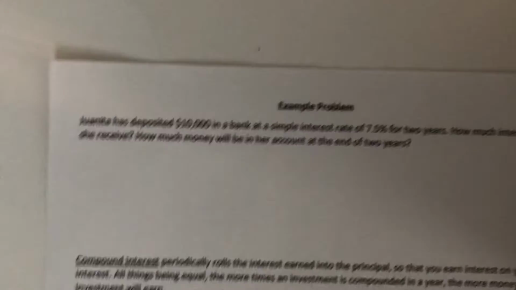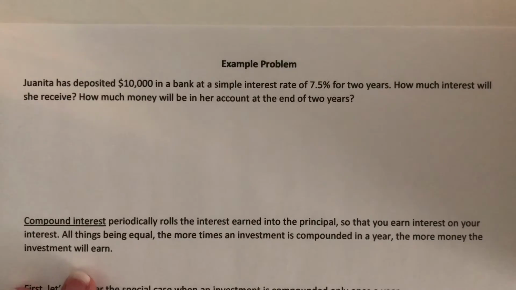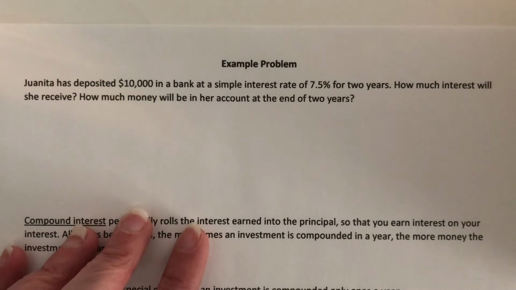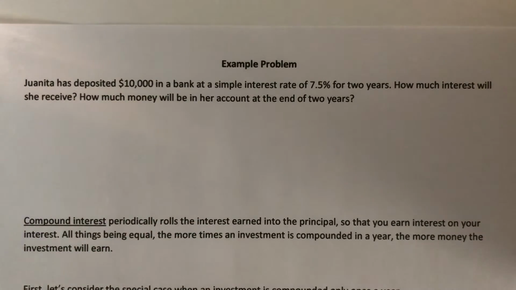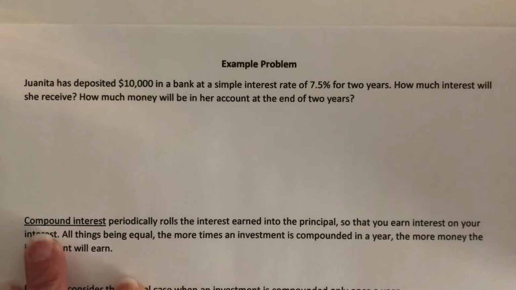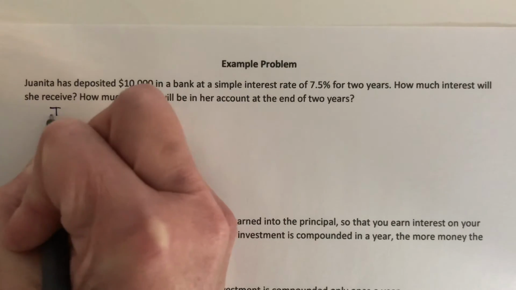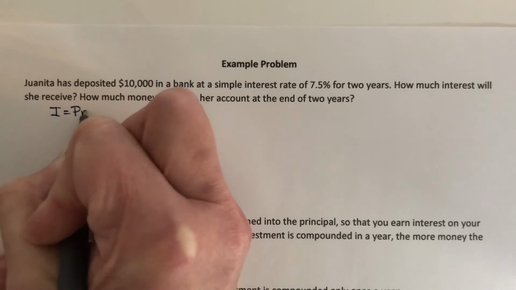Let's look at an example problem. Juanita has deposited $10,000 in a bank at simple interest rate of 7.5% for 2 years. How much interest will she receive, and how much money will be in her account at the end of 2 years? The formula we need is I equals PRT.